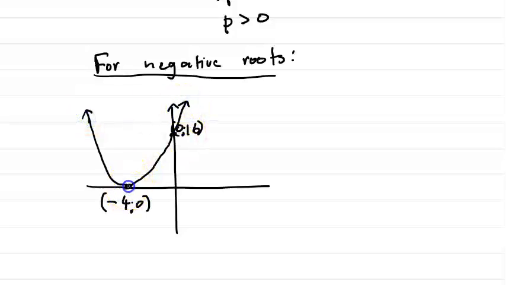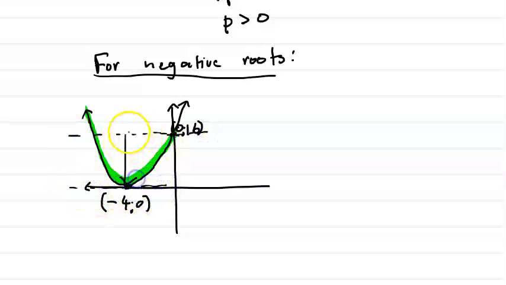Now if you look very carefully, remember that you'll have negative roots here. All the roots here would be negative. So if you look carefully, you'll see that p must be between 16 and 0.